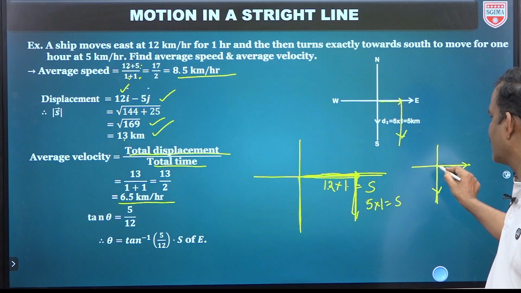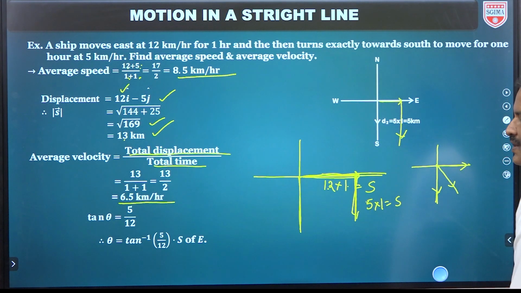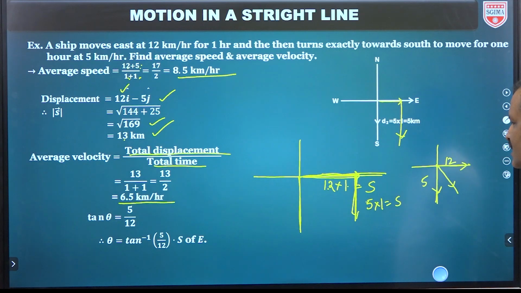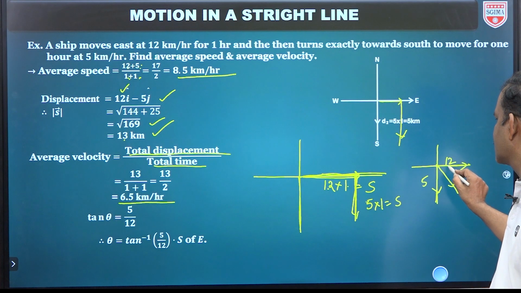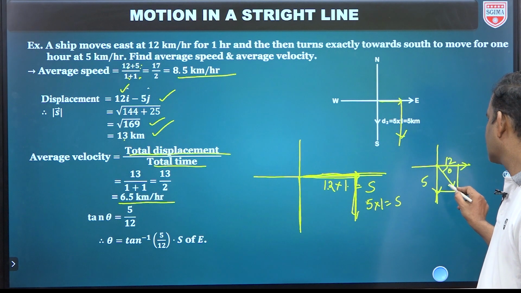So, the displacement vector is in this way. This is 12, this is 5. Now, this is theta.